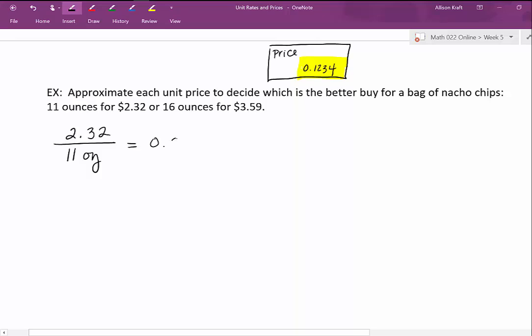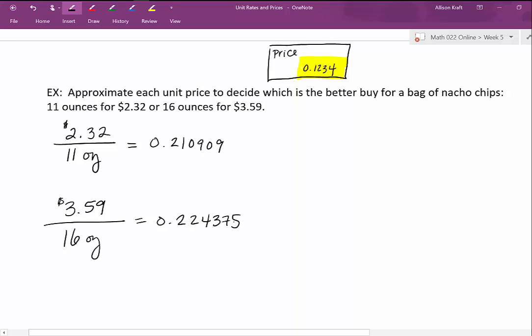This gives us 0.210909. And then the other unit price is found by taking $3.59 and dividing it by 16 ounces. Performing this division, we end up with 0.224375.